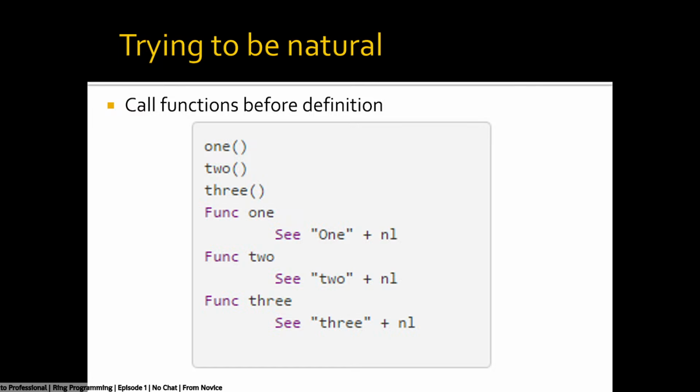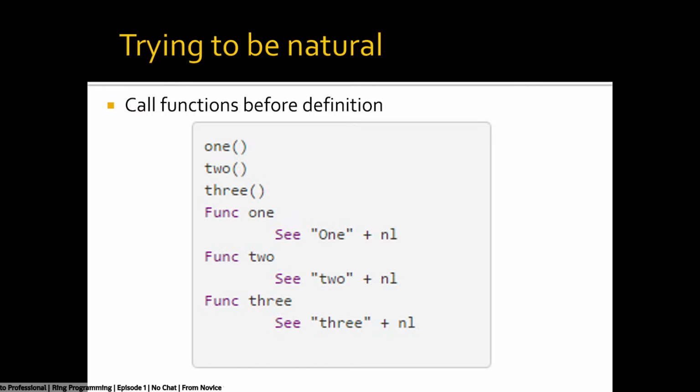Trying to be natural. Call functions before definition. 1, 2, 3. Func1. Call functions before definition. That's a little too cowboy, but no, I guess. I mean, I don't know. I probably still wouldn't write it that way, but as long as I don't have to write it that way. But that's cool.